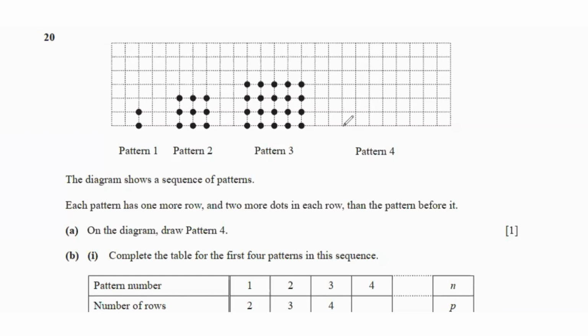That's going to be 1, 2, 3, 4, 5 rows, and the dots would be 7 now in each row. 1, 2, 3, 4, 5, 6, 7.